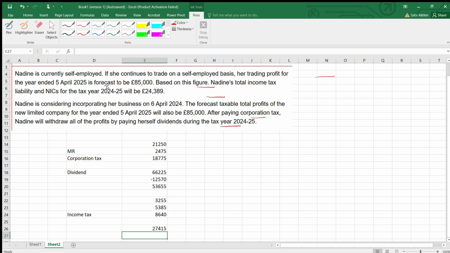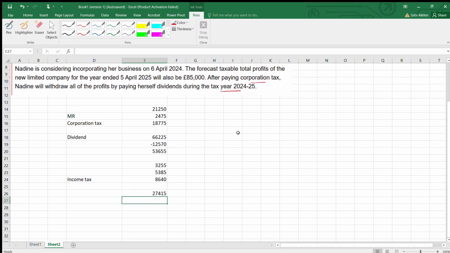So you have been given the total income tax and NIC if he works as self-employed. That is 24,389. This is already given. You have to find, if he operates as a company, what would be her total income tax and NIC. That is this. So just compare the difference.